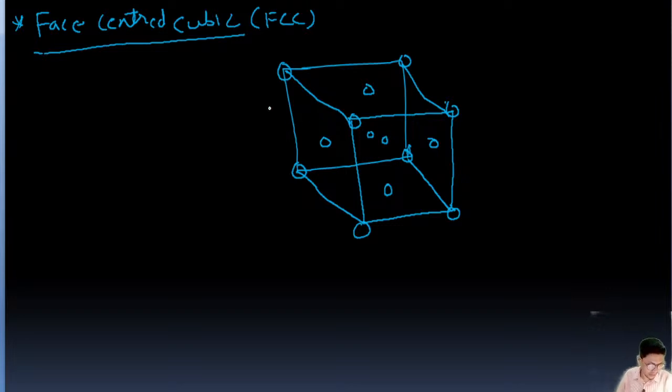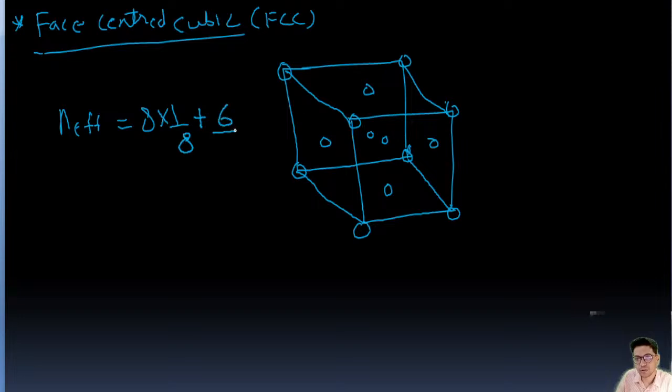So for this, N effective is going to be 8 corner atoms, 8 into 1 upon 8, plus the 6 face atoms, so 6 by 2, right?